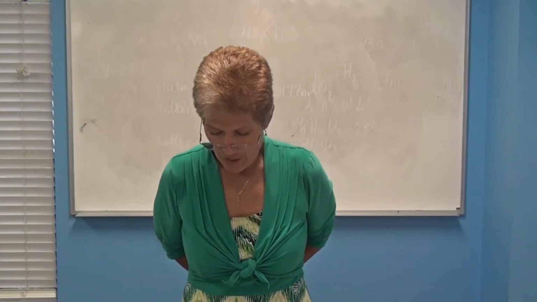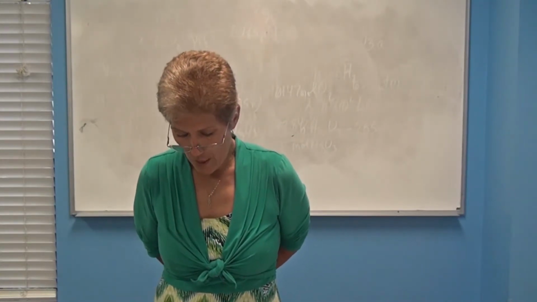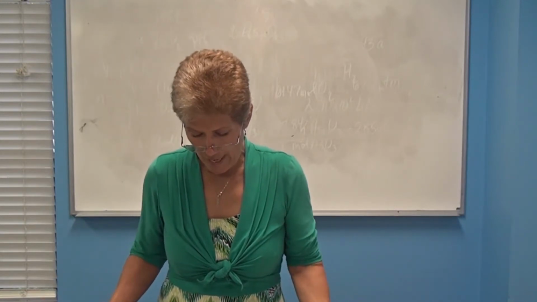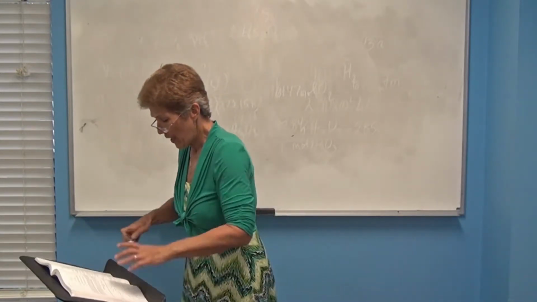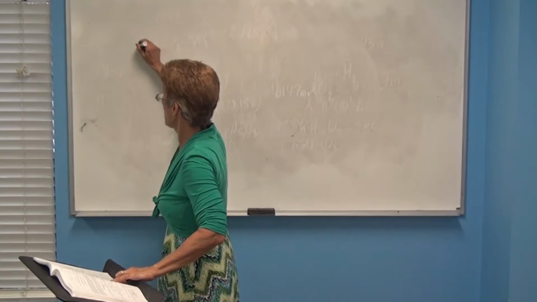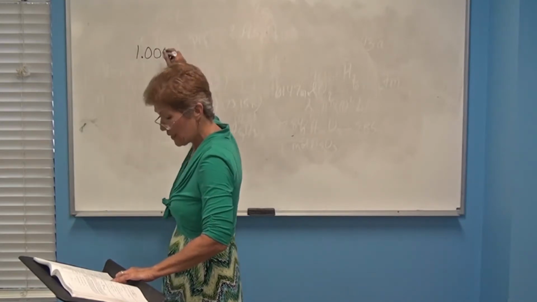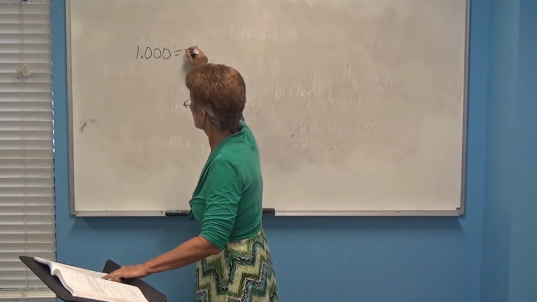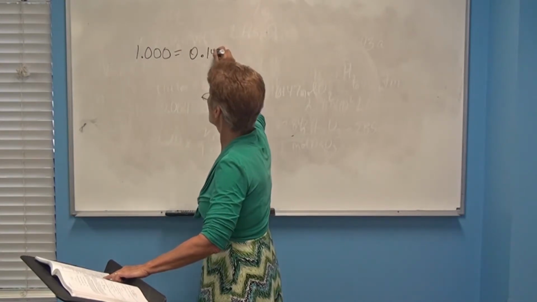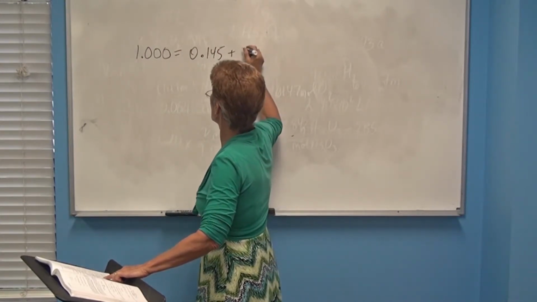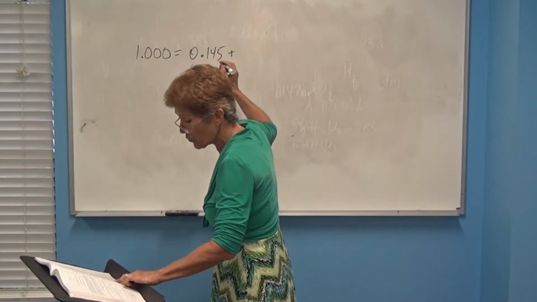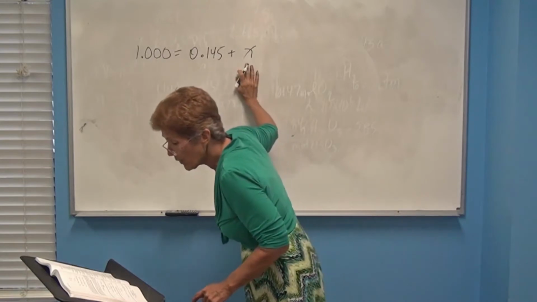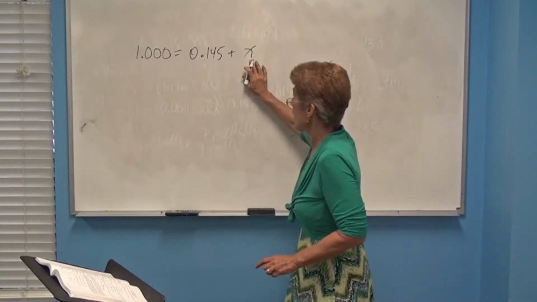Number 11, in a mixture of 2 gases, the first gas has a mole fraction of 0.145. What is the mole fraction of the other gas? Well, we know that the total fraction is going to be 1.00, and so if the one gas is 0.145 plus whatever else we're looking for, the other partial pressures, so we'll put X here, this is going to be the mole fraction of the other gas.